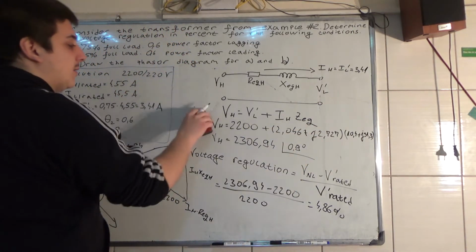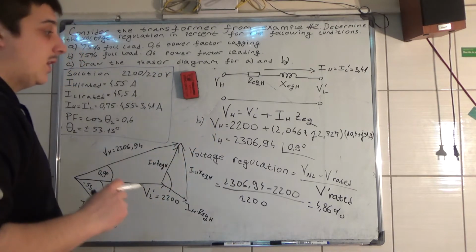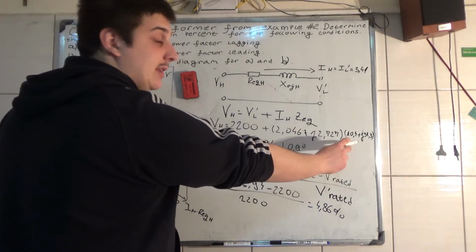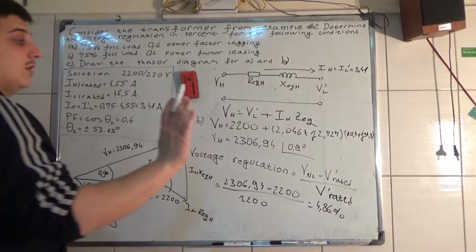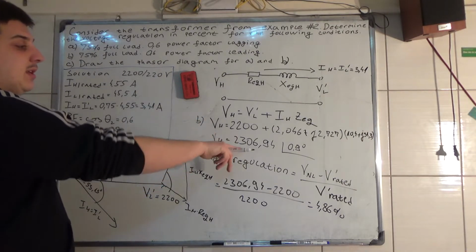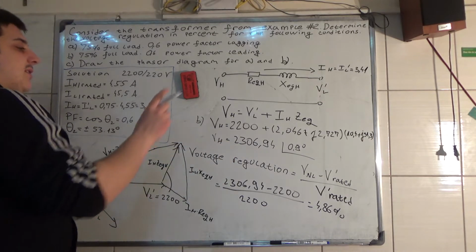Now this is for B. You have a plus. The equivalent impedance of the internal transformer stays the same. This now is not 2306.94.